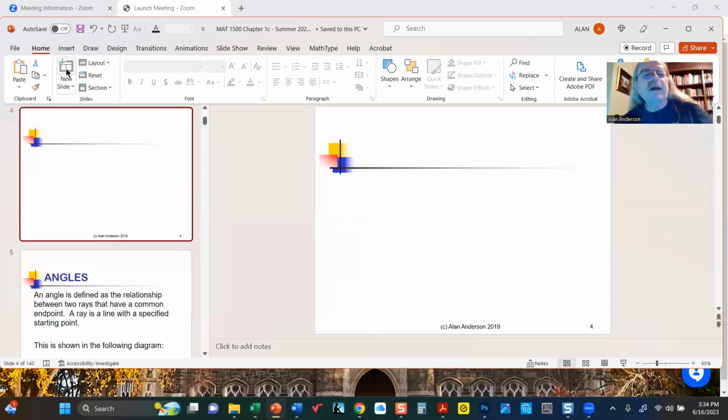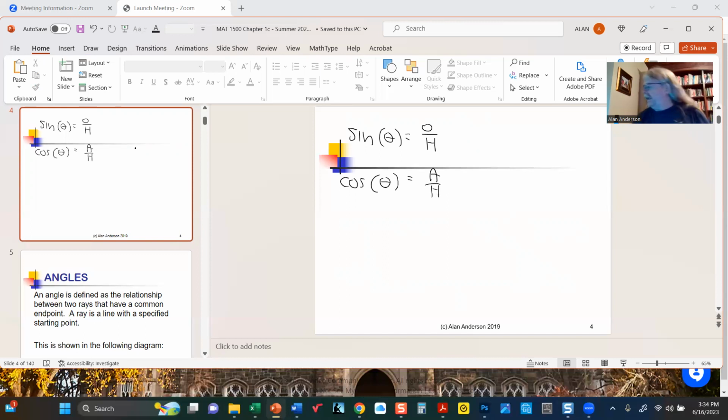So we just put these back. Sine theta is O over H. Cosine is A over H. And then finally, tangent is O over A.